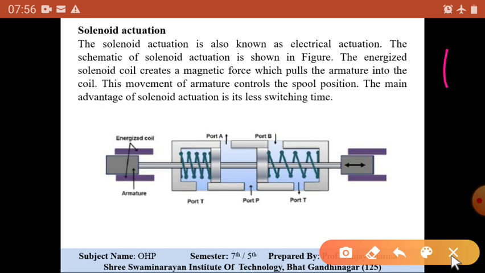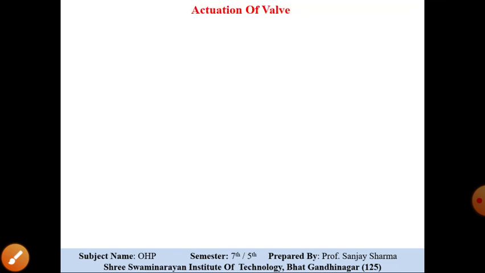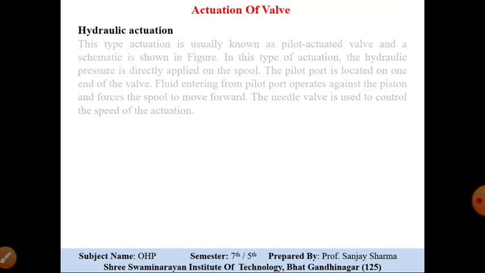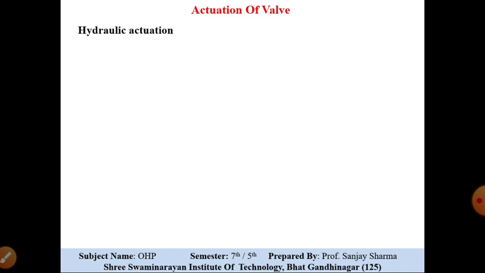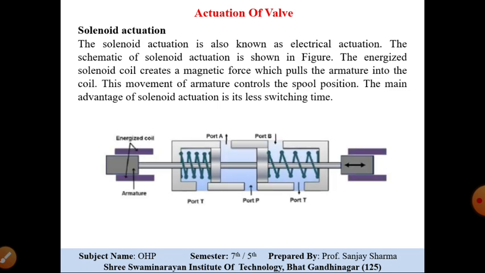What is a solenoid? A solenoid is a device which consists of a plunger with an electric coil.